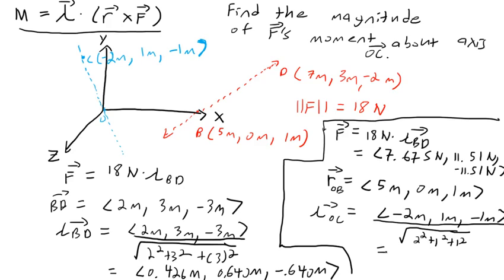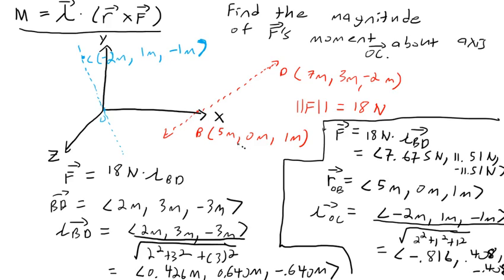That comes to negative 2, comma 1, comma negative 1, divided by the square root of 6. So lambda OC is negative 0.816, comma 0.408, comma negative 0.408.